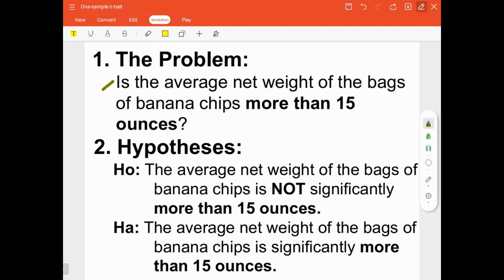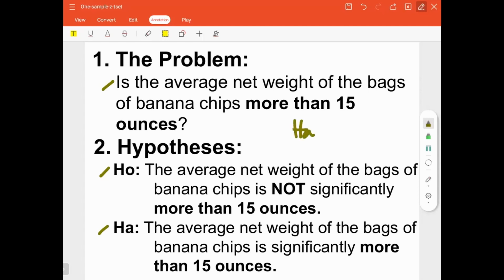Based on this problem, we'll now formulate the null and alternative hypothesis. Our notation for the null hypothesis is H sub 0 or simply HO, and alternative is HA. In our discussion before, the alternative hypothesis shall adopt these possible symbols after translating these statements to mathematical symbols.